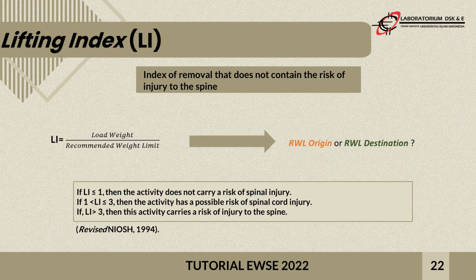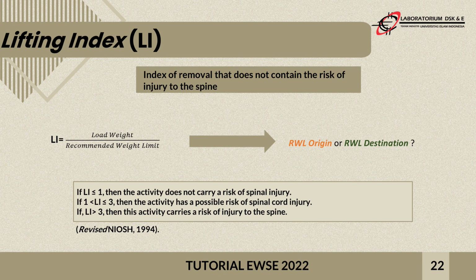And next is lifting index or LI. After knowing RWL, we will find out whether the value of the load lifted by the operator is in accordance with the safe value by taking into account the factors in the RWL calculation. In the calculation of the lifting index, the smallest RWL value is used because the smaller one is more dangerous.